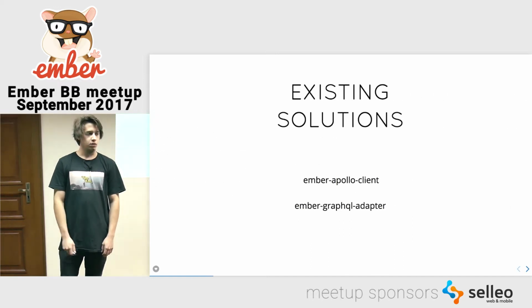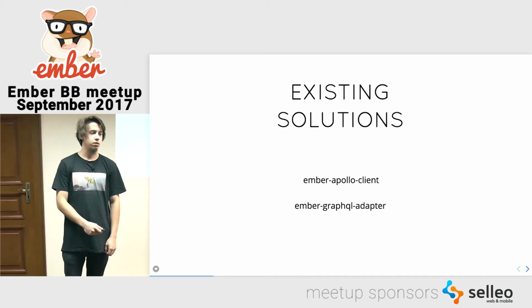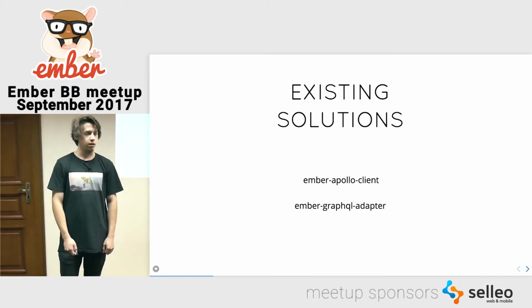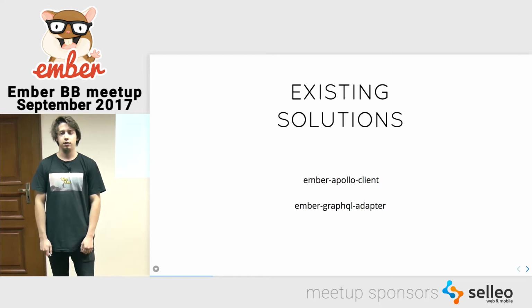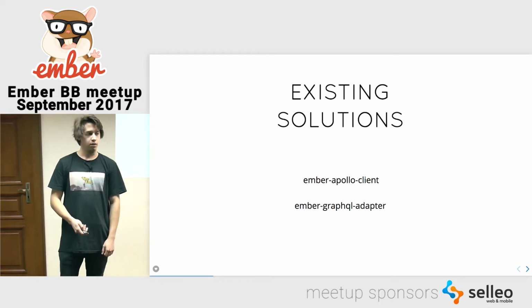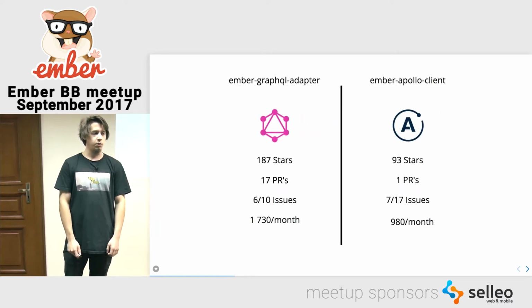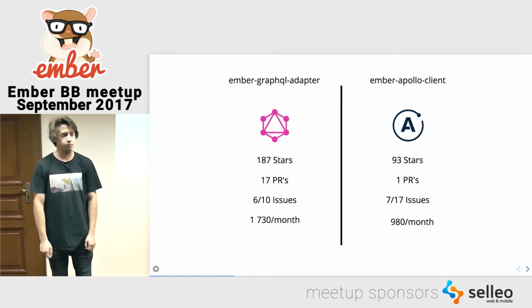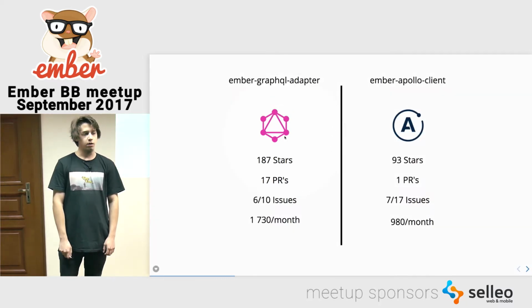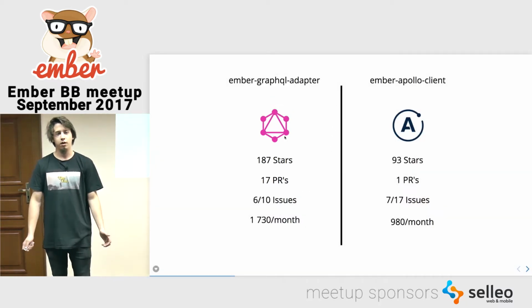Okay, so in Ember.js we have two major solutions for playing with GraphQL. One is the Ember Apollo client, and another is Ember GraphQL adapter. And this is the basic difference between those two. Like we can see, the Ember GraphQL adapter is much more popular, but I don't know why.